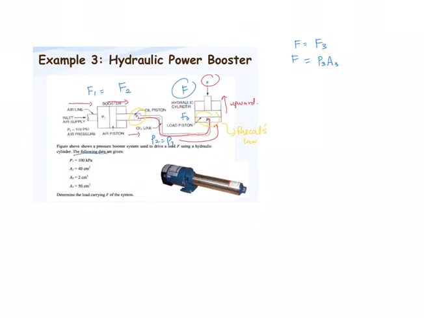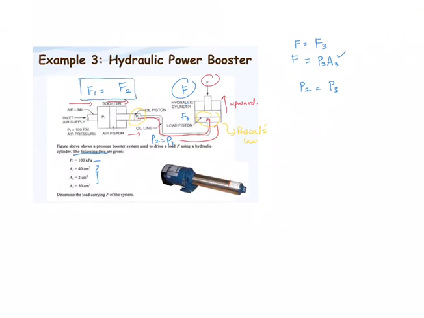It just has the P1 and also the area for each of the pistons. The area for piston 3 we can calculate from the data given, but we don't have the pressure at piston 3. What you need to do is use Pascal's law here, which means P2 equal to P3.